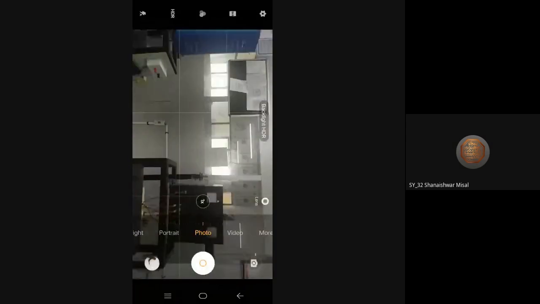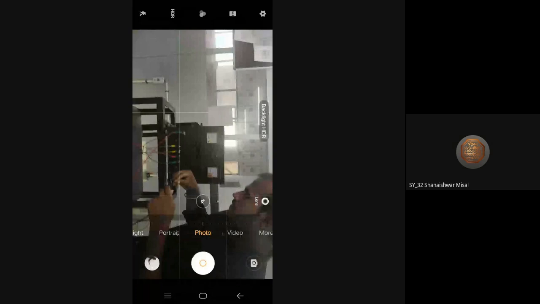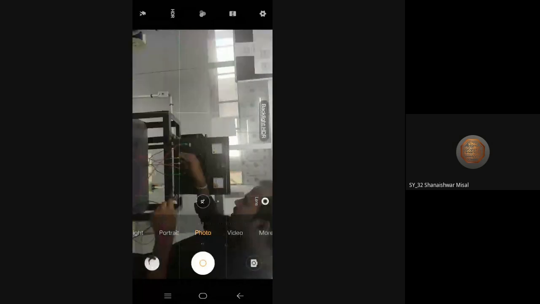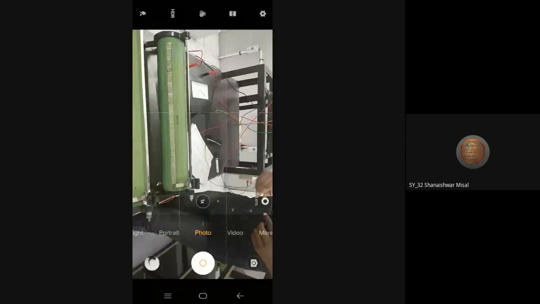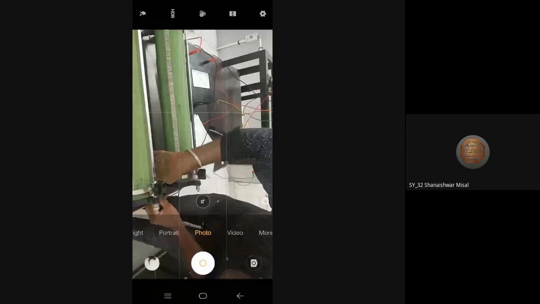So now from A1 I am taking a wire and I connect this to the terminal of the rheostat.